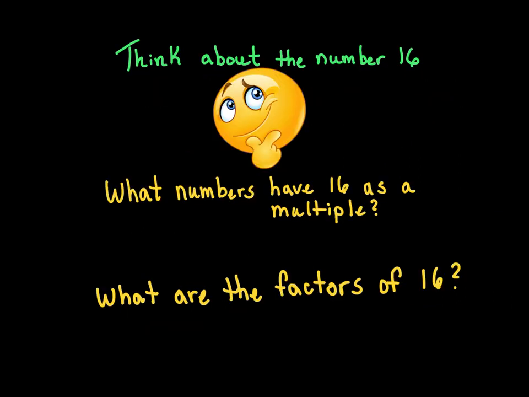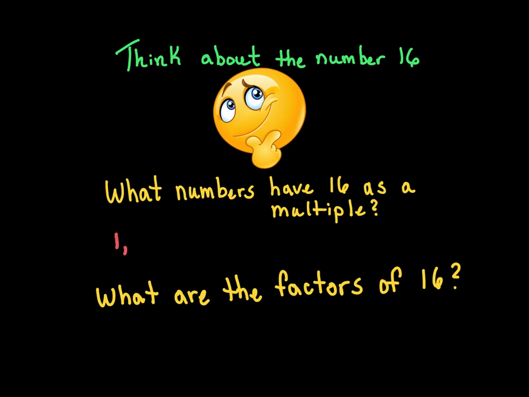Think about the number 16. What numbers have 16 as a multiple? So, what numbers can you multiply that will give you the answer of 16, the product of 16? Well, you could do 1 times 16.